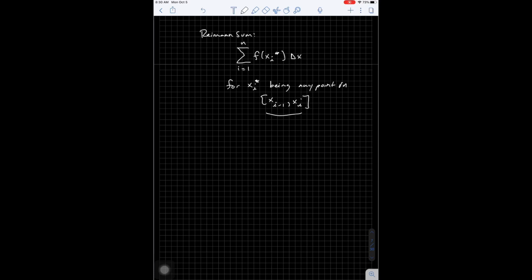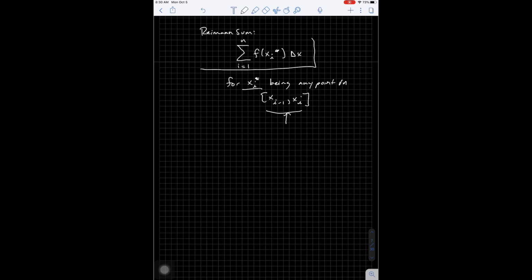So this is a generic interval depending on where you are, the first, second, third rectangle. And this x sub i star is any place in here. It could be a left endpoint, a right endpoint, a midpoint, it could be a third of the way through. The Riemann sum just doesn't care. You can use any of those, just add them up and multiply by the width. That's the idea, okay?